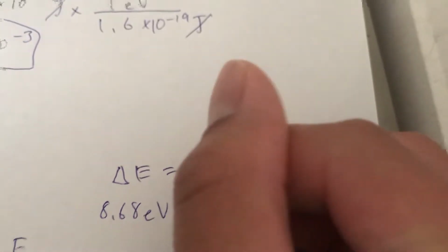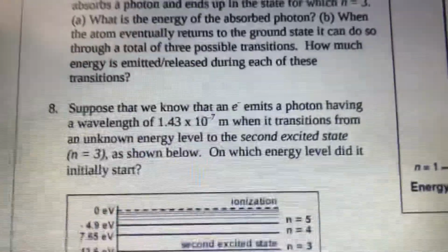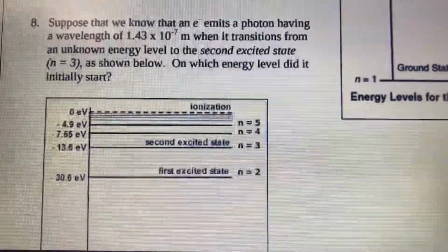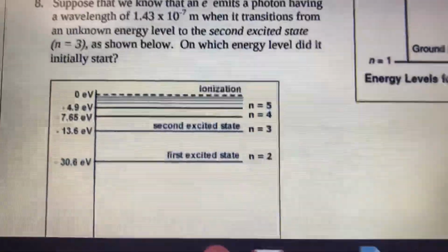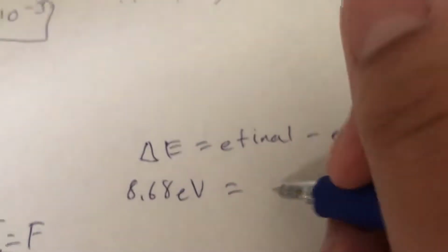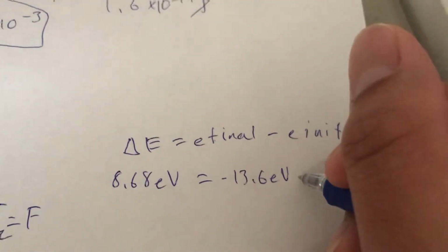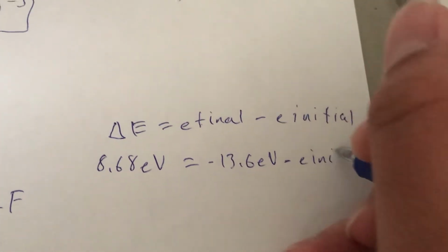So our delta E is 8.68 eV. And then it says that our E final, as it transitions from an unknown energy level, which we're trying to find, E initial, to n equals 3, which we know as our E final. At n equals 3, there's negative 13.6 eV, minus E initial.